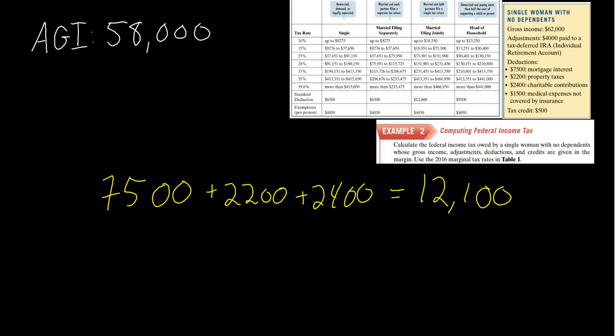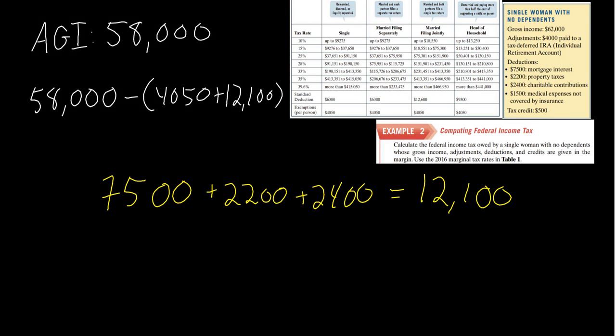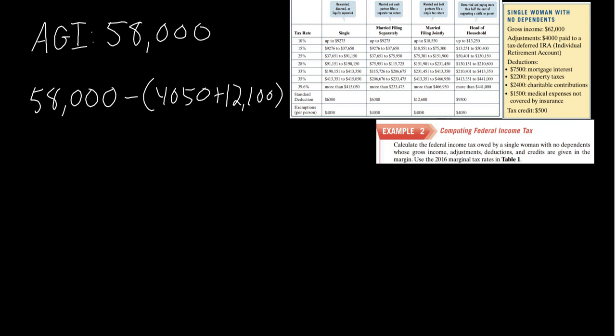Okay, so following my formula, I have my AGI, my adjusted gross income, of $58,000, and then I'm going to subtract the sum of my exemption, which is 4,050, plus my itemized deduction, which is 12,100, and I'm going to end up with $41,850.